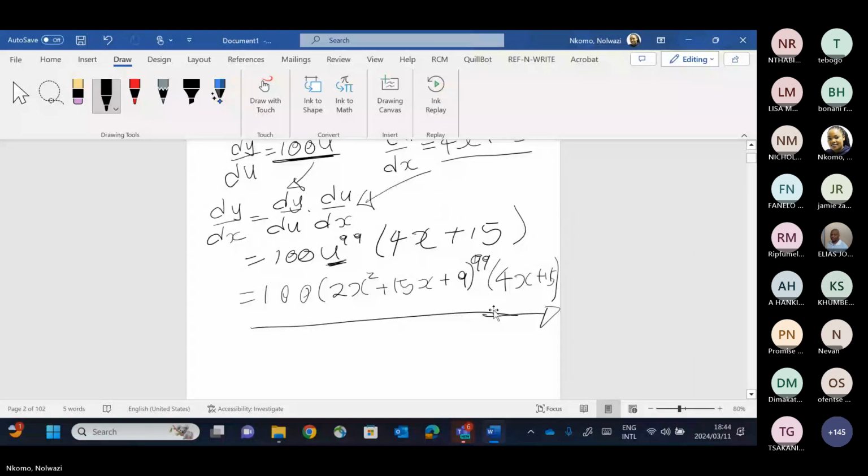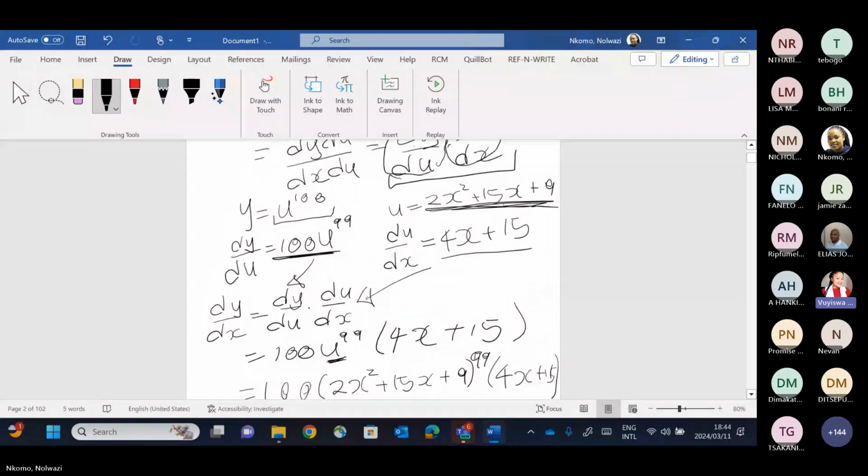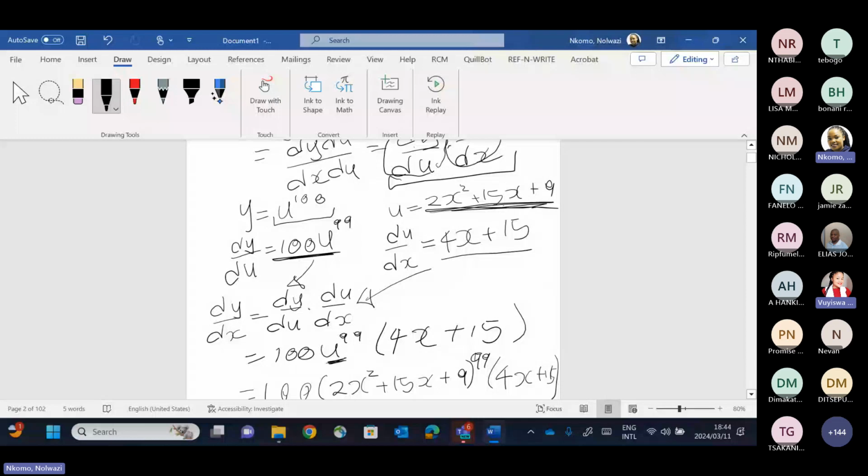u to the power 100, given, how did we find it? The dy, yes, that one. We differentiated y with respect to u.